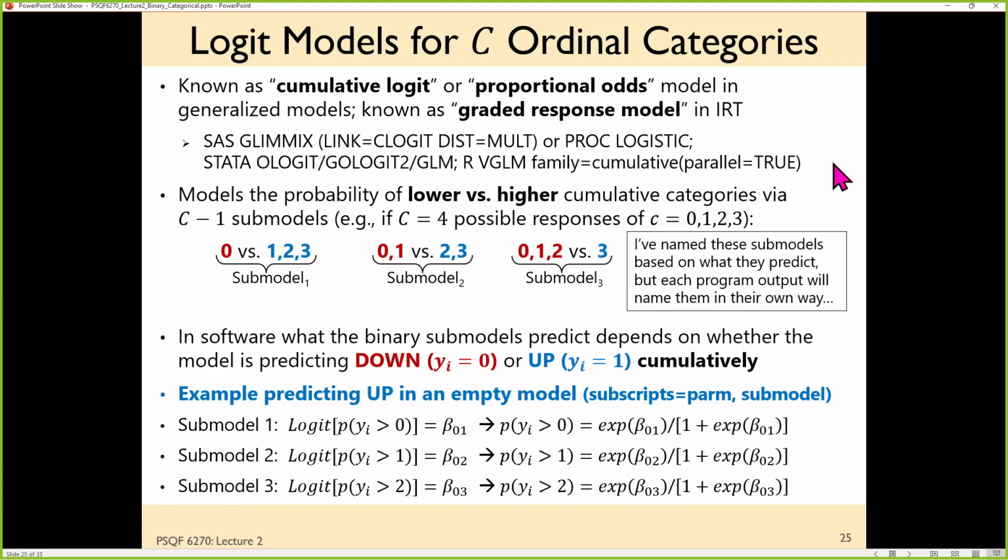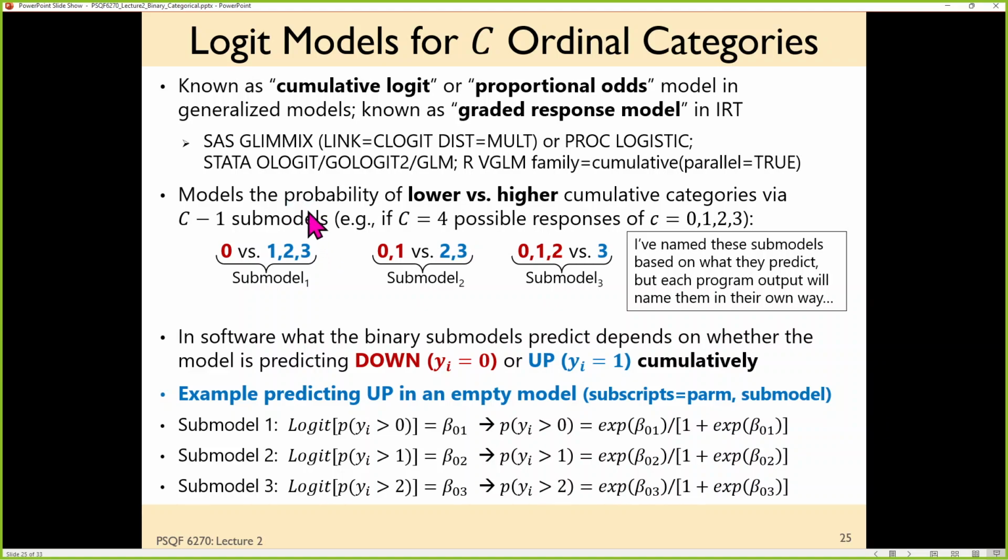So here's how it works. First off, ordinal. We're going to take the possible answer categories and create submodels to predict them, where it's one fewer than the number of categories. So for instance, if I have possible categories of 0, 1, 2, 3, I'm going to build 3 separate equations simultaneously.